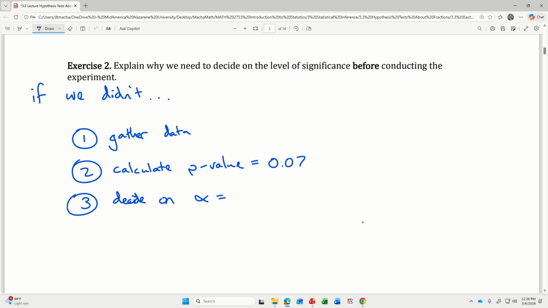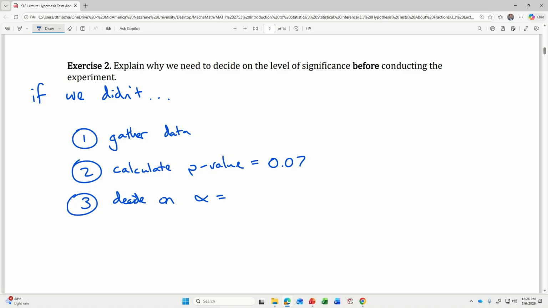If I hadn't decided on my level of significance yet, and I want to conclude in favor of my alternative hypothesis so that I can publish my results and be proud of myself or whatever, then I just need this p-value to be less than the level of significance, right? So now that I get to choose my level of significance, am I going to choose an alpha of 0.05?